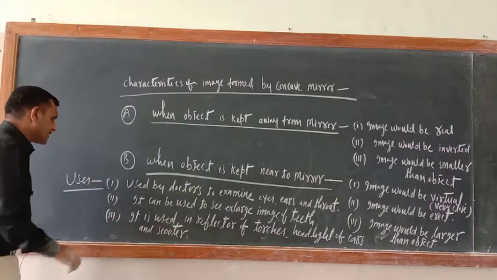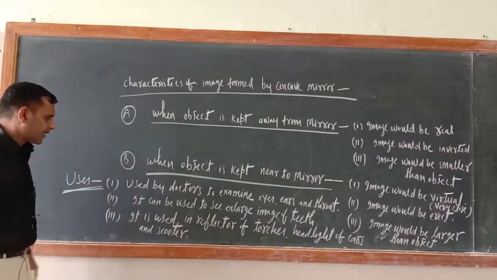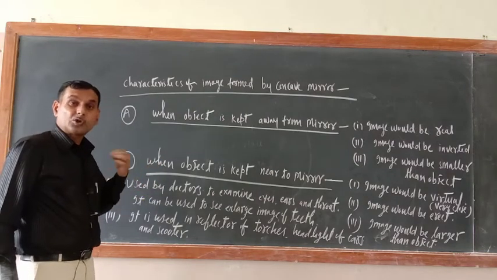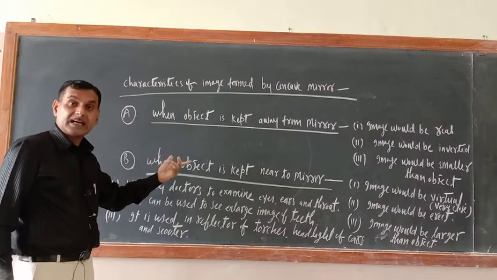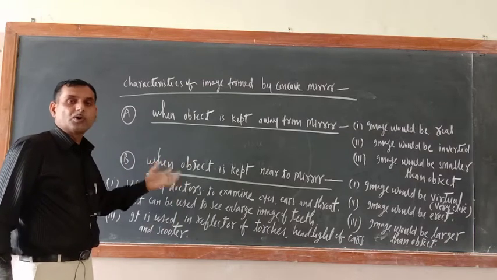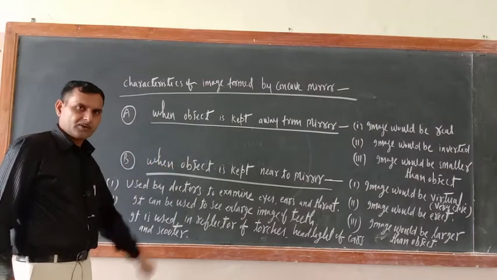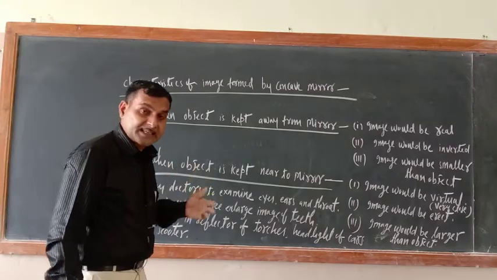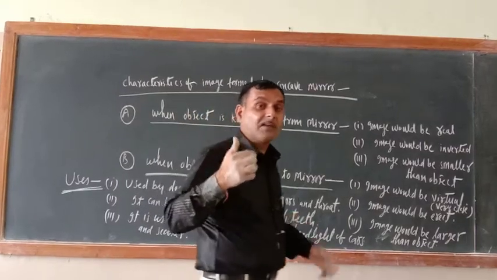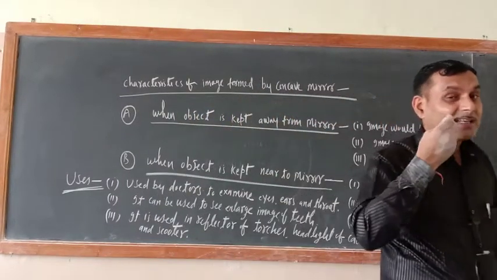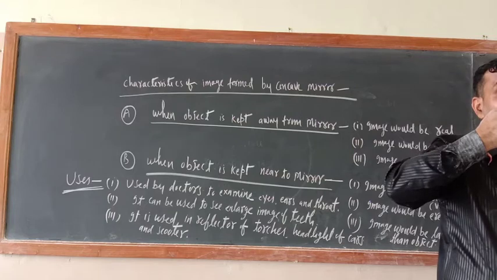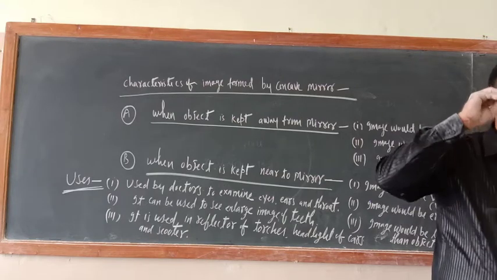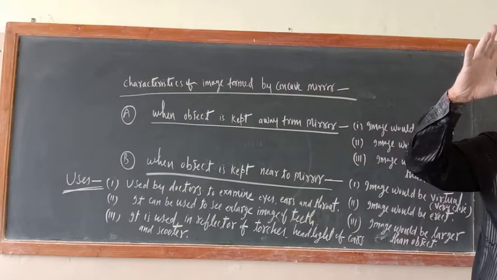What are the uses of this mirror? Try to understand. This mirror is used by the doctor to examine the throat, ears and eye. Second, this mirror is used to see the enlarged image of teeth. The doctor puts the mirror inside your mouth, so the enlarged image of the teeth can be seen.